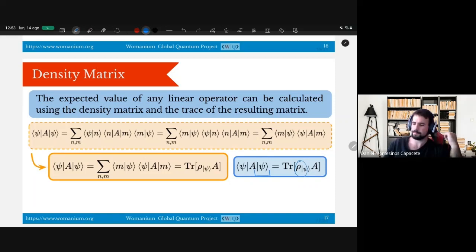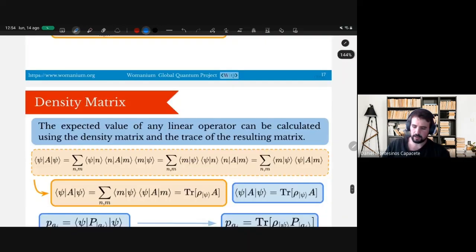Because at the end, this density matrix is going to be a matrix, and this linear operator can be written as a matrix. So you are going to have the multiplication of these two matrices, and the trace of the matrix that you get out of multiplying these two can give you the expected value.